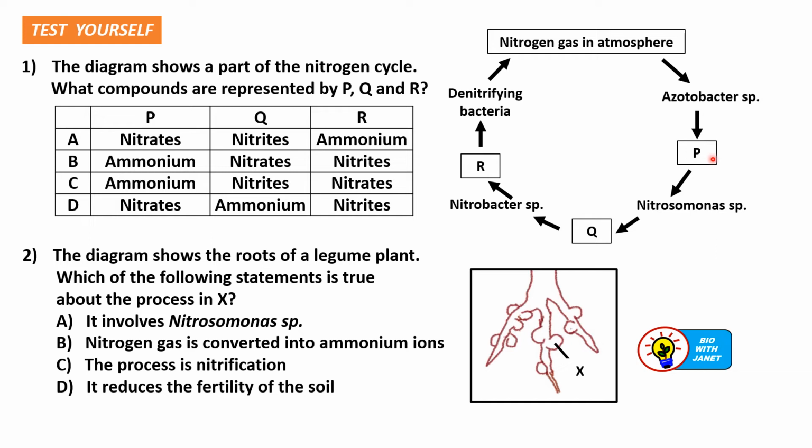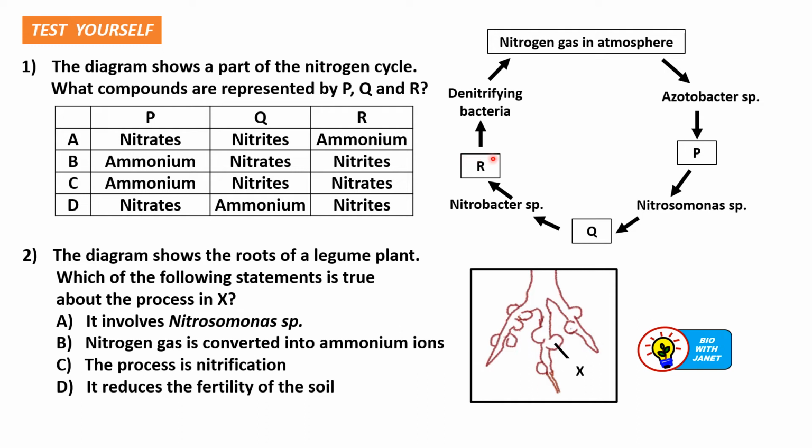Same for Rhizobium species bacteria, they convert the nitrogen gas into ammonium compounds, and then Nitrosomonas converts ammonium ions or compounds to nitrites first. And then Nitrobacter species converts the nitrites into nitrates.